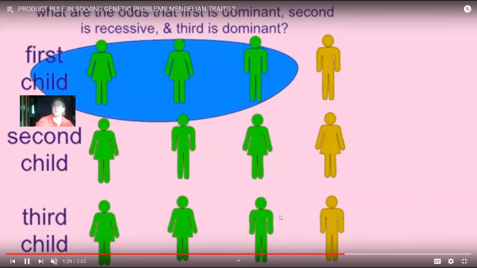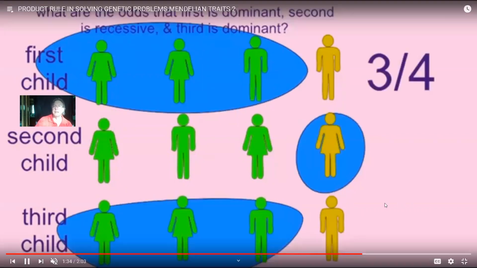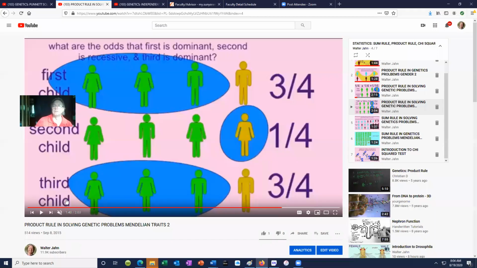So 3/4 times 1/4 times 3/4 would give you 9/64. Okay. So all of these are examples of using the product rule.